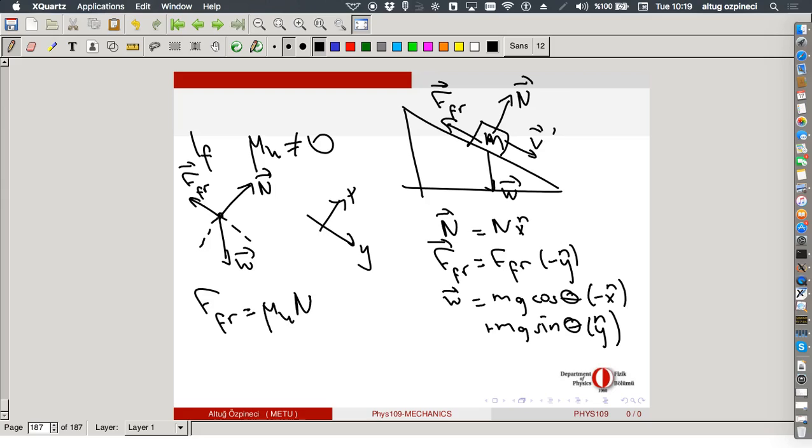So we have to determine what N is if we want to calculate the normal force, if we want to calculate the friction force. Well, you see, what is the acceleration of the object in the x direction? It's not accelerating in the x direction, it's only accelerating in the y direction. So ax, which is Fx over m, should be equal to 0.